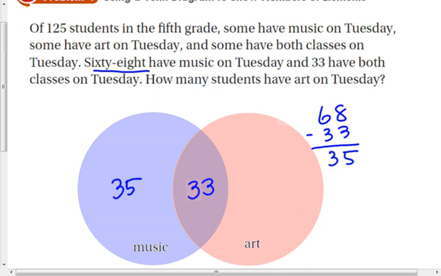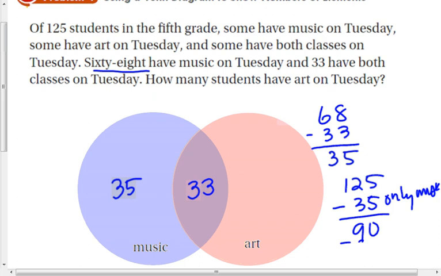And then I just have to figure out how many have art, and I'm going to use the total to figure that out. I'm going to take 125, the total, minus the 35 that have only music on Tuesday, and that gives me 90 that have art.